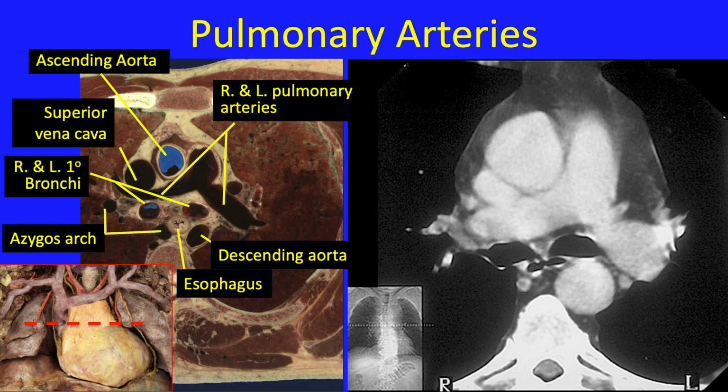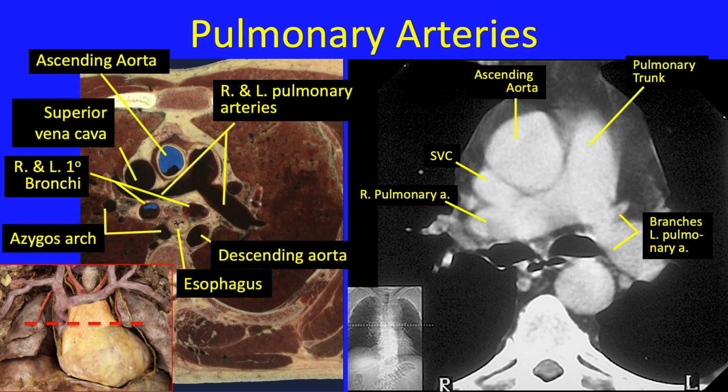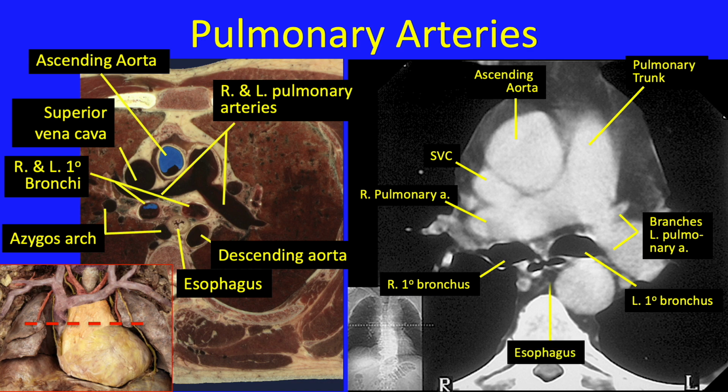We start by labeling the ascending aorta, the superior vena cava, the pulmonary trunk giving rise to the right and left pulmonary arteries, the empty right and left primary bronchi, the esophagus, the azygos vein, and finally the descending aorta.